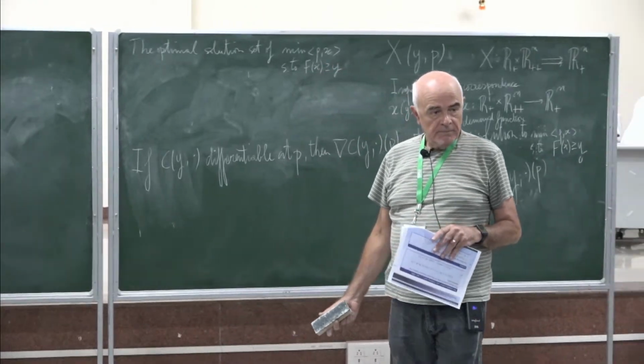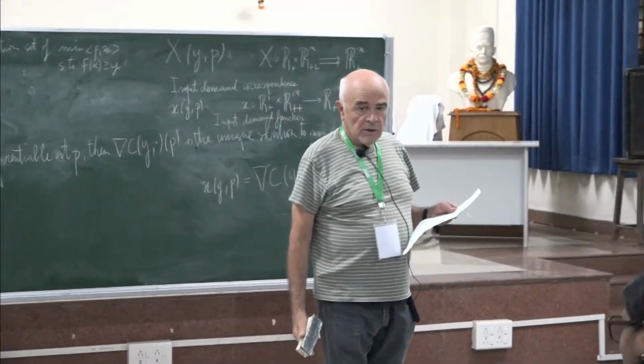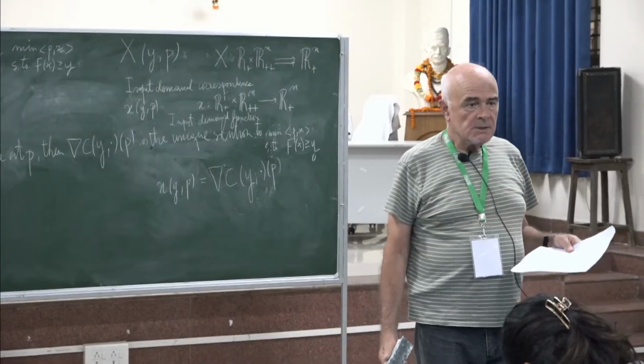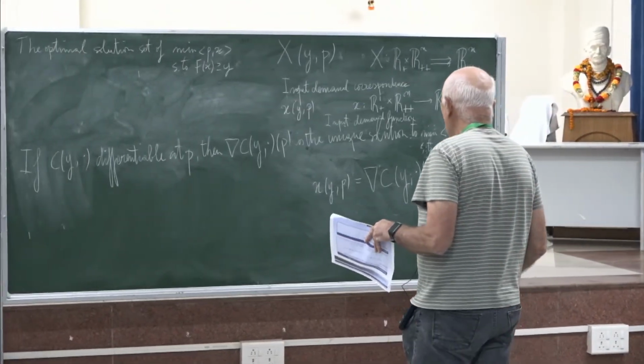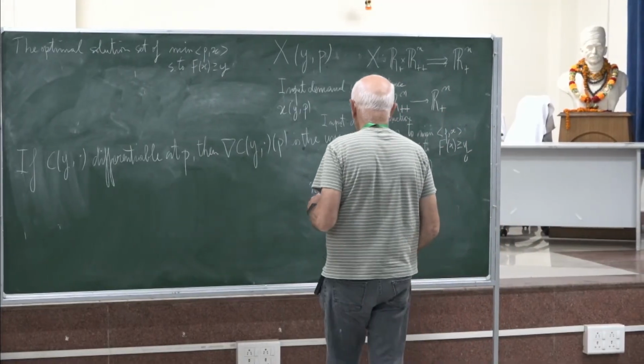Is everything clear? So now we are going to study the properties of the Jacobian matrix of a differentiable input demand function.